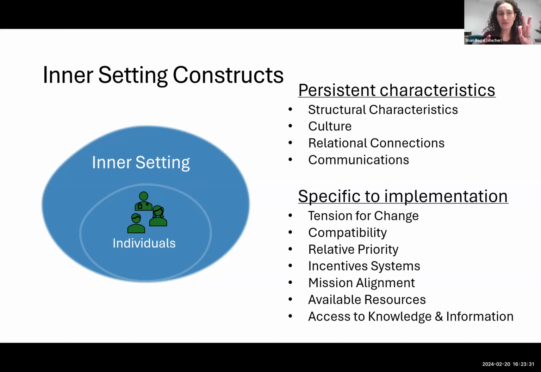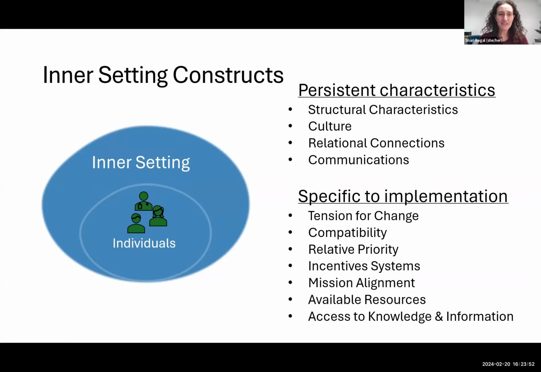So before you start developing the questions, again, define the boundary of the inner setting. When I'm talking to people, I'm usually asking about the whole hospital, and not just one provider's clinic, so I make sure to define that for the people I'm talking with and collecting information from.